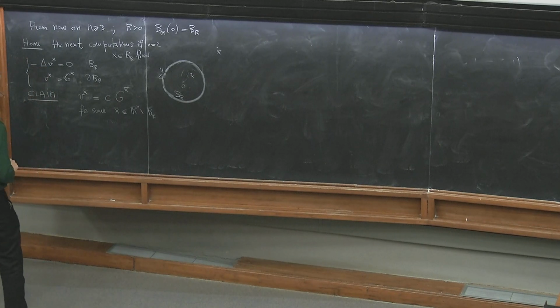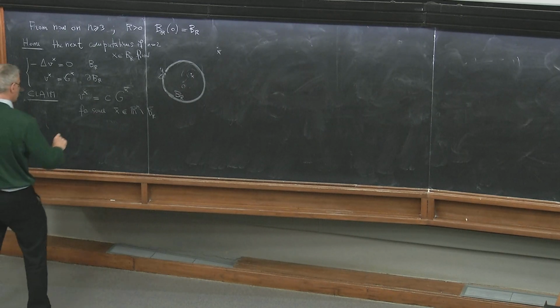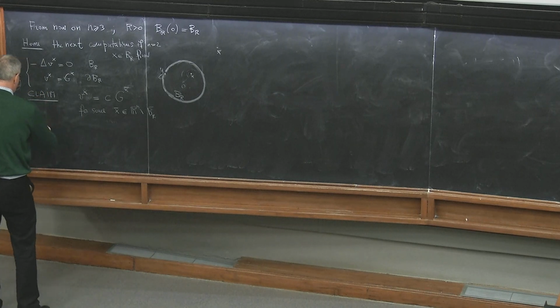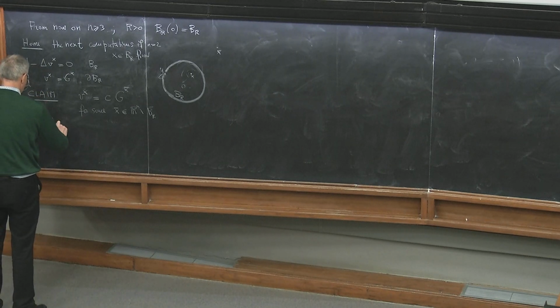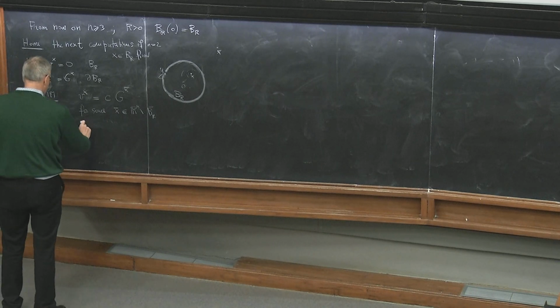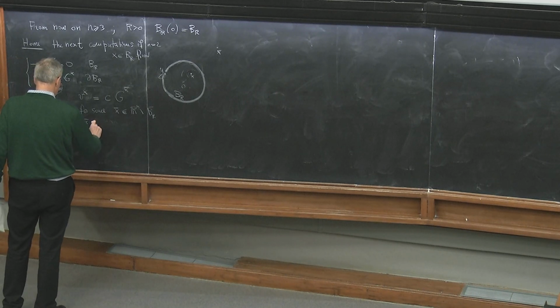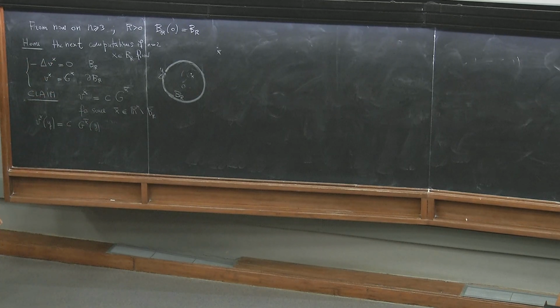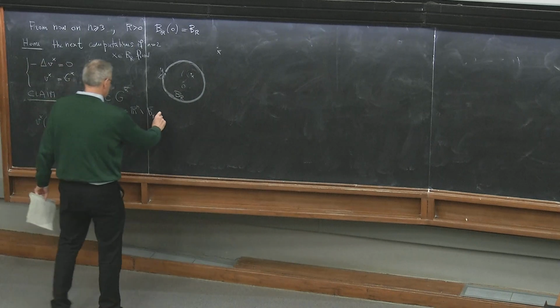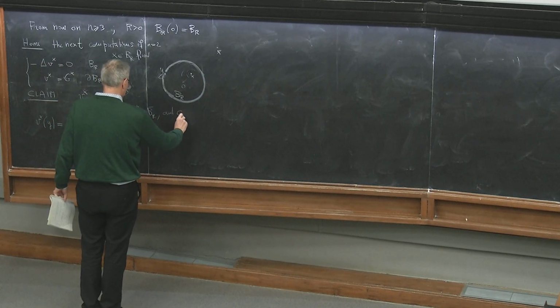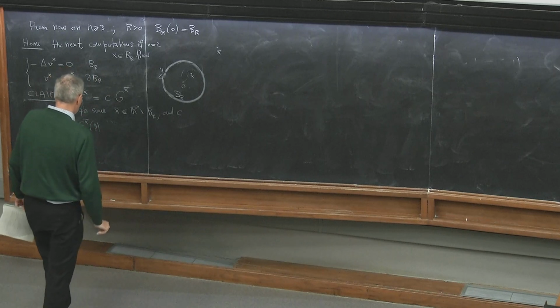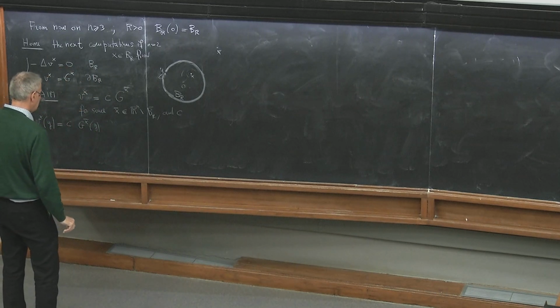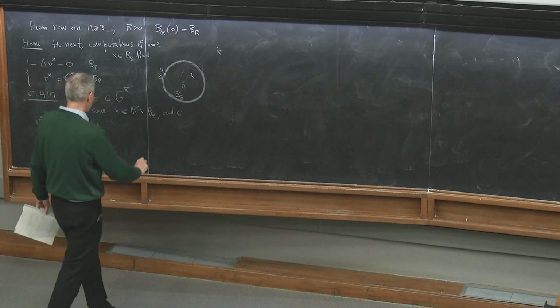So where now C is, so Vx of y, the claim is the following: C, G of x bar, y, where now we have to determine x bar and C. And C is something which is independent of y at the end.